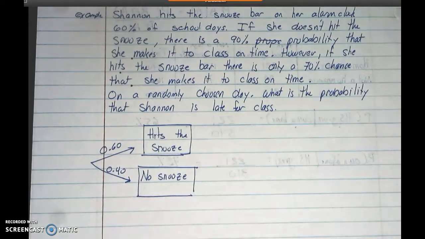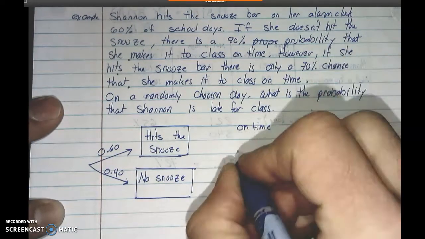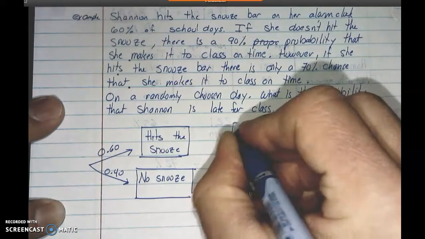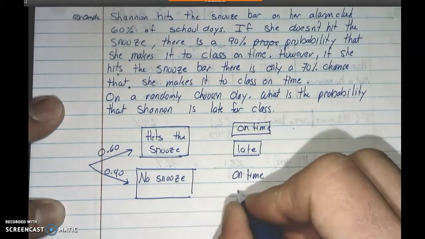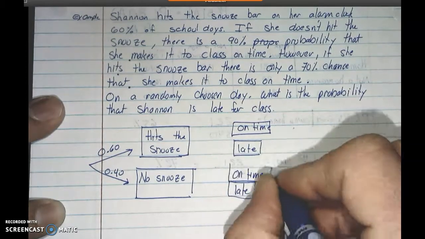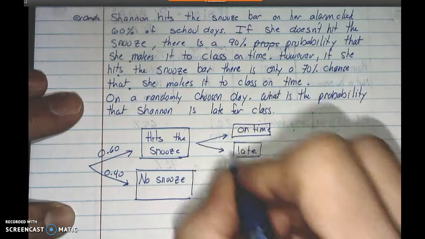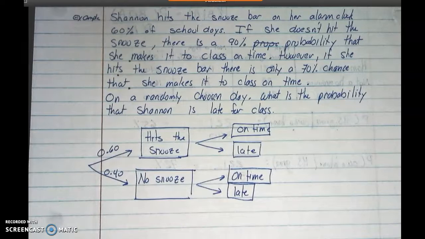Okay, so after she's hit the snooze, what are the two events we have? We've got on time or late. And that happens to both of these two events here. So how often is she on time if she hits the snooze?